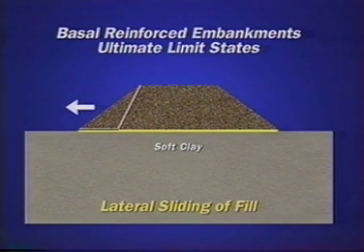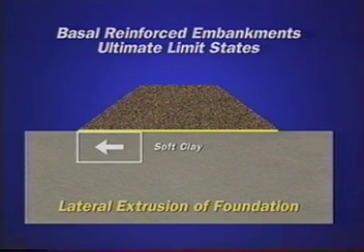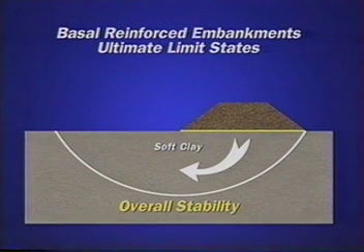Similar considerations apply to failure mechanisms causing lateral sliding of the embankment fill or lateral extrusion of the soft foundation soil. Finally, the overall stability of the embankment is checked to guard against failure involving a deep-seated slip surface.